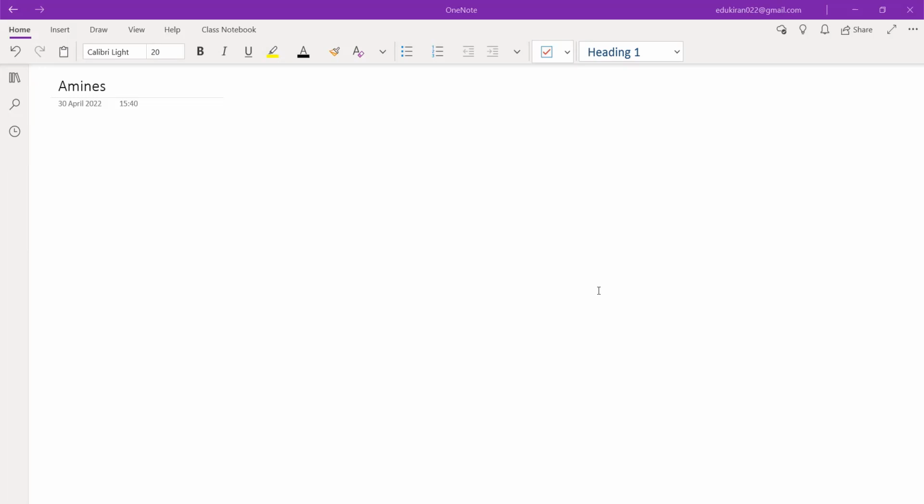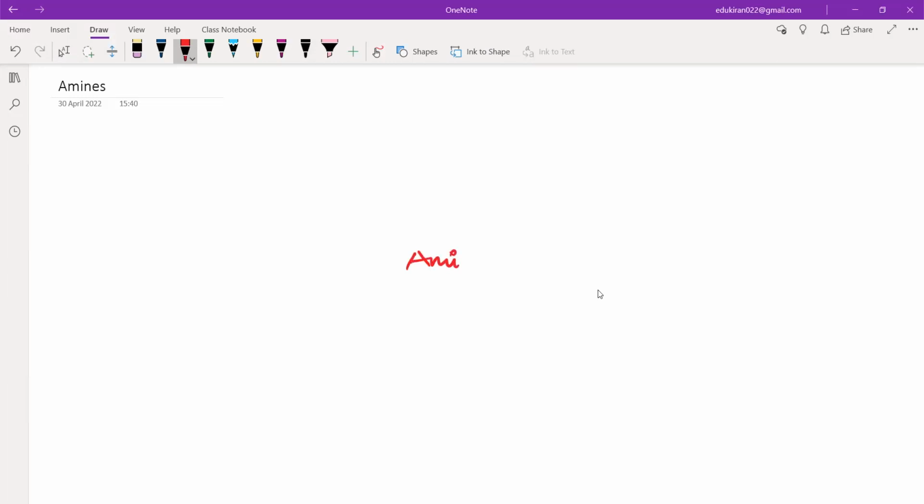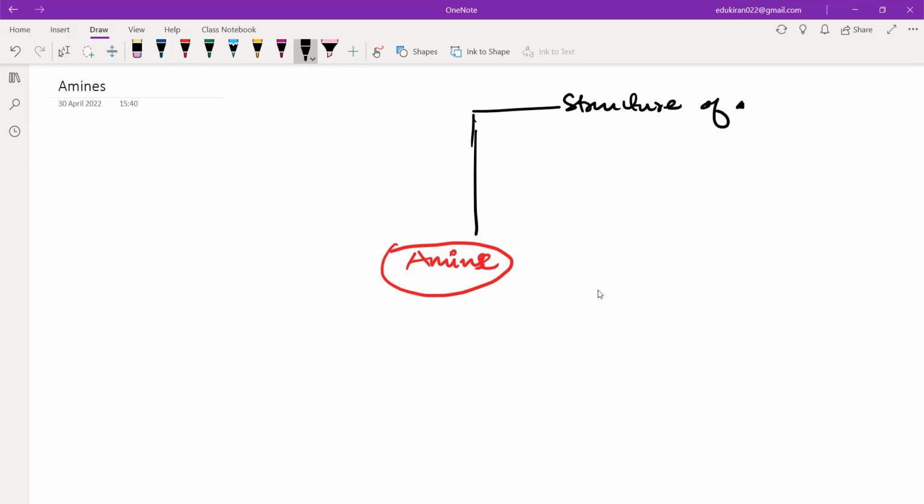Now, in amines, since you have started, you must already know the different topics. So first of all, let me talk about the whole chapter. In the amines chapter, there will be structure of amines, and then you have classification, 1 degree, 2 degree.